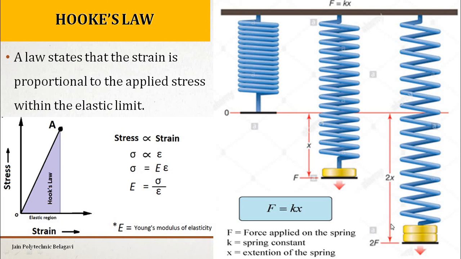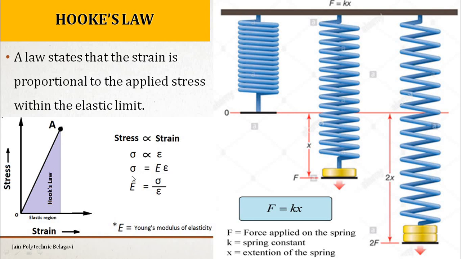That particular proportionality or elasticity constant should be maintained, so it is multiplied with that particular strain. So stress is equal to capital E into strain. You can also rearrange this equation: the modulus of elasticity is equal to stress over strain.